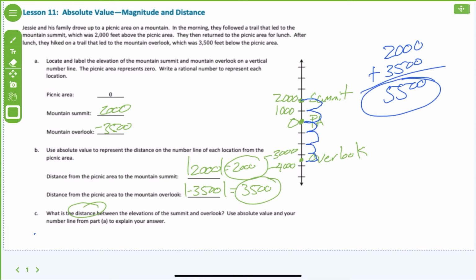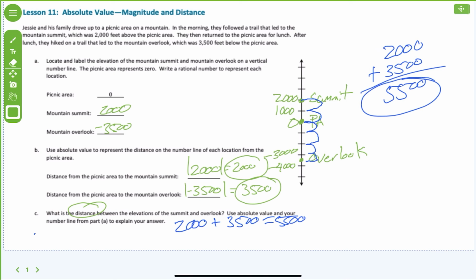Or we could use it just like our summit is 2,000. Our absolute value of the overlook from the picnic area is 3,500, and so that's going to be 5,500. So altogether, they're 5,500 units.